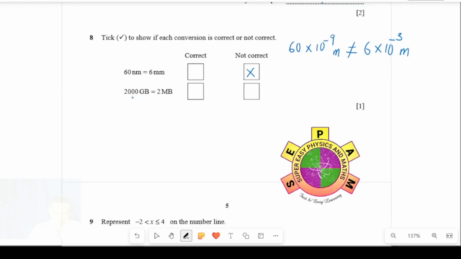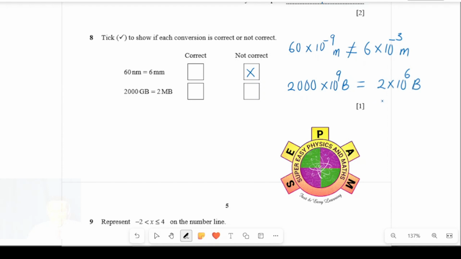Then we have the next one, 2000 gigabytes, which is 2000 times 10 raised to power 9 bytes. Let's see, is it equal to 2 times 10 raised to power 6 bytes?